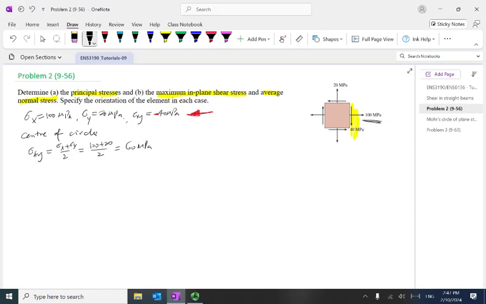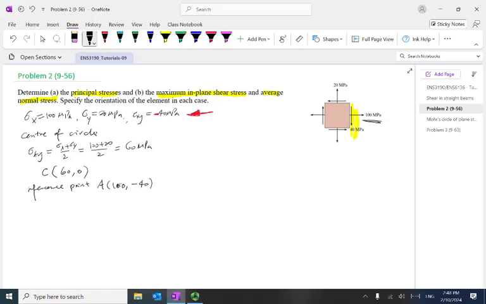So the center C, sigma average, is 60, 0. You must write down this one because I give a mark. Then we should find a reference point A: sigma x, tau xy. This also gets a mark.